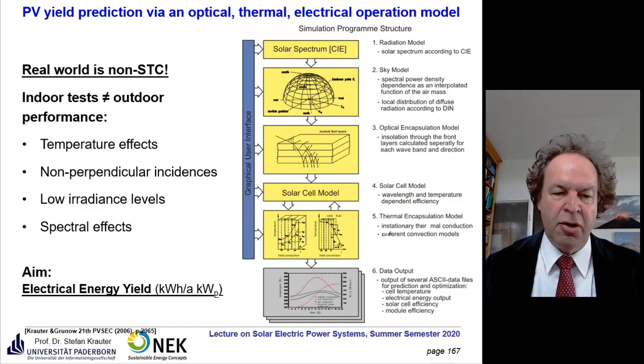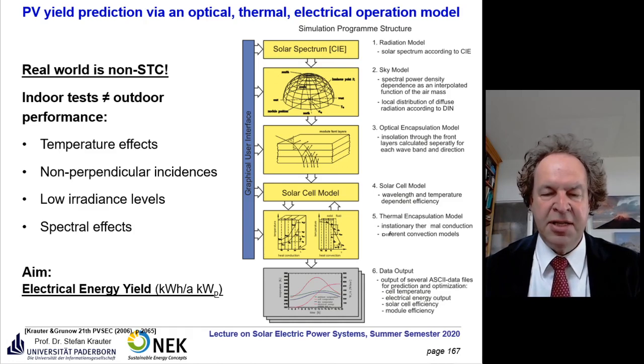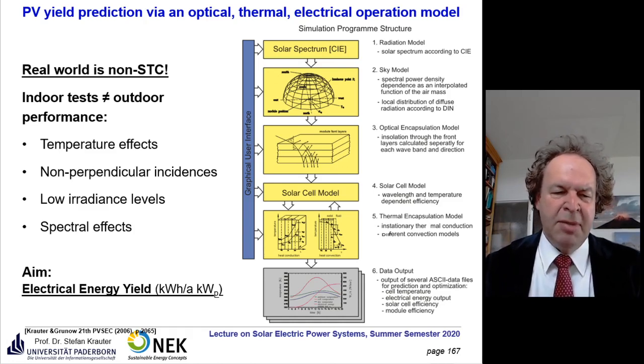And there's been mention already of spectral effects, depending on the position of the sun and the location you put the modules in. But usually these effects are quite small, but sometimes you can gain a little bit if you consider that, and so on. So the aim is to get the electrical energy yield in kilowatt hour per year.